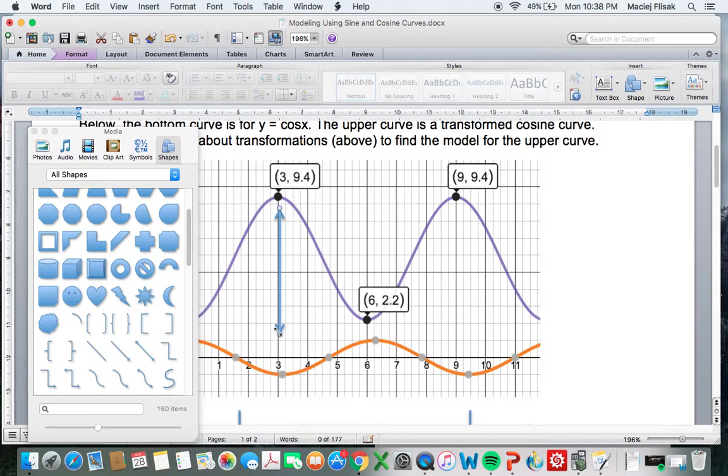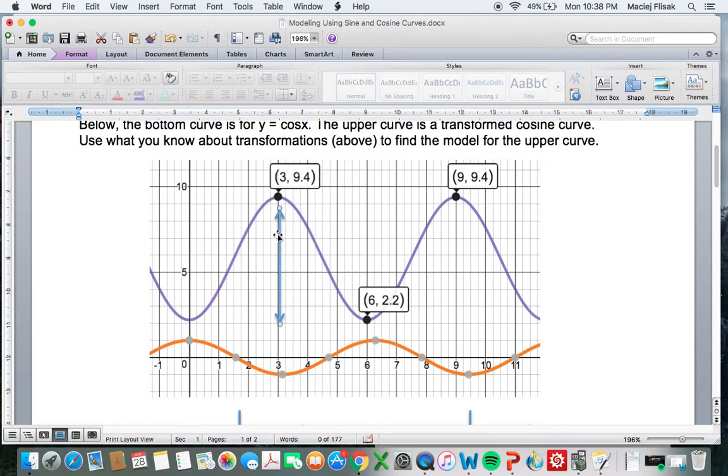If you go from there to there, top to bottom, what is that distance? Well, you can find that distance by doing 9.4 minus 2.2, and that is 7.2.